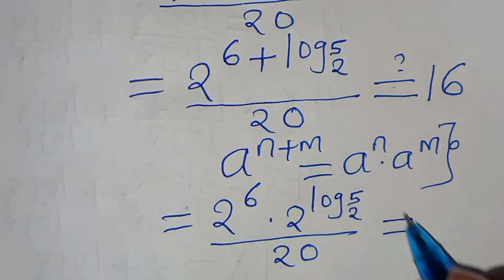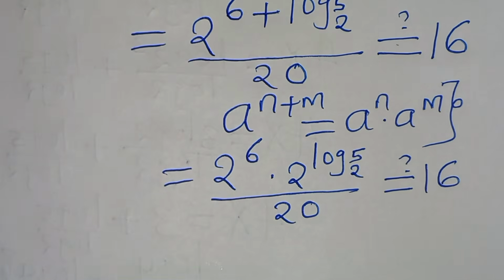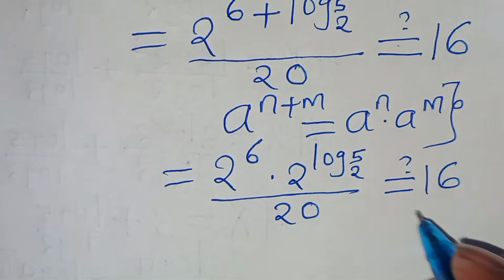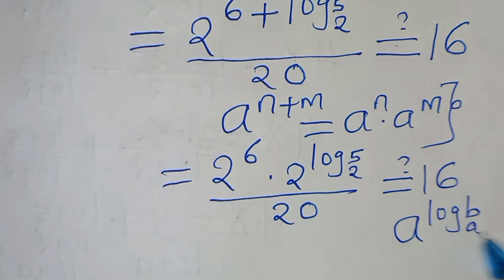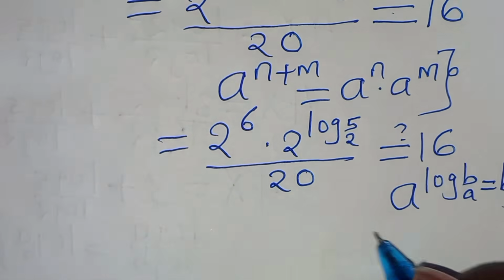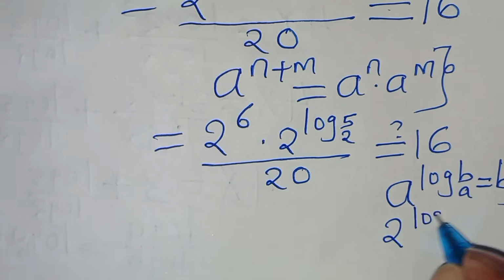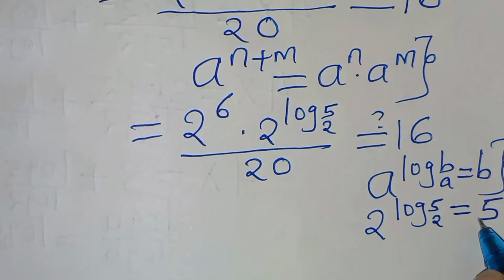So we have that 2 to the power of log 5 to base 2 is of the form a to the power of log b to base a, and this should give us a value of b. So 2 raised to the power of log 5 to base 2 should give us a value of 5.